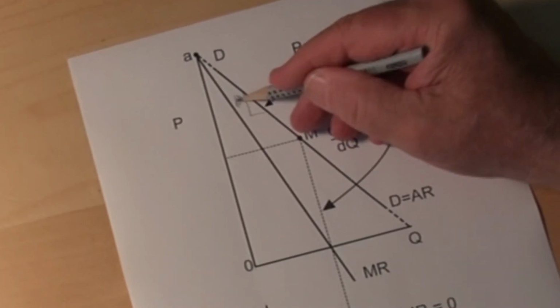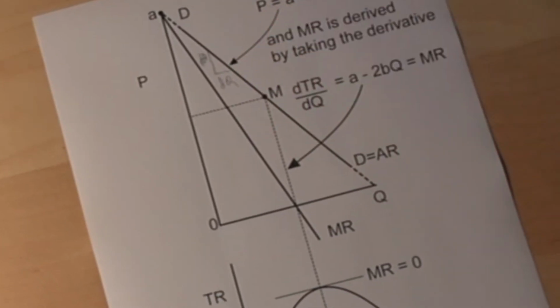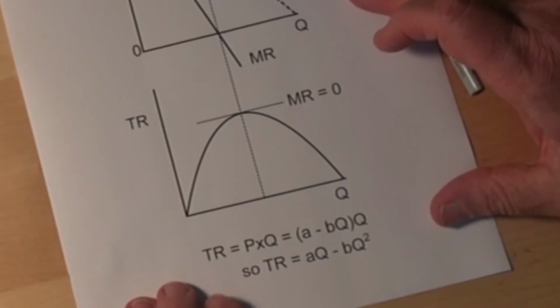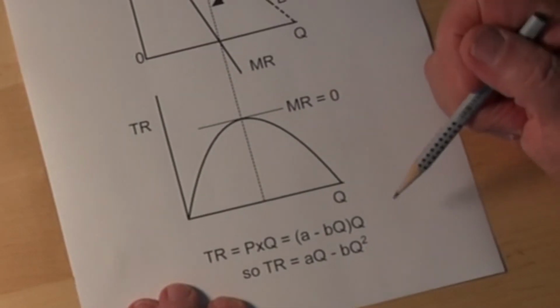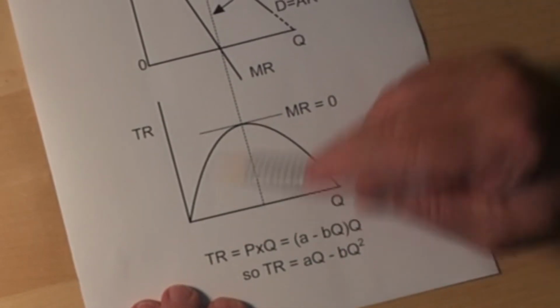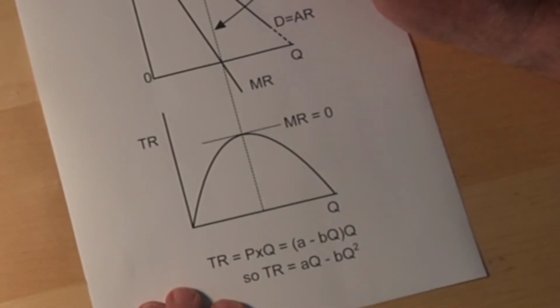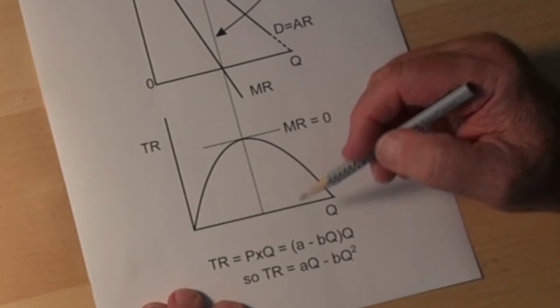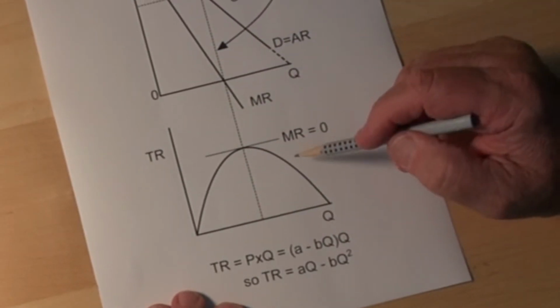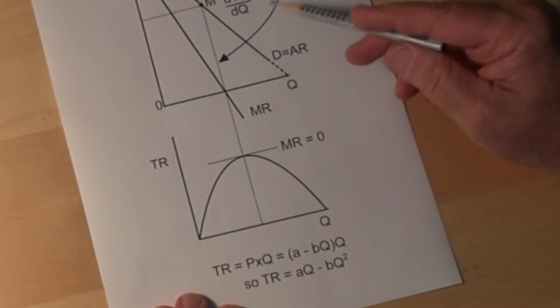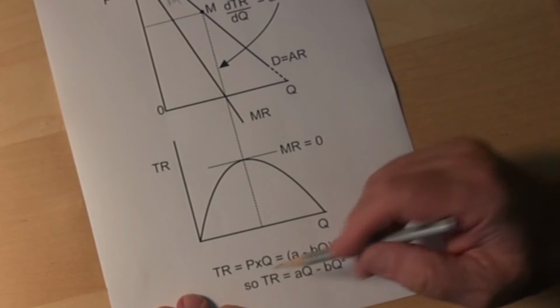That slope there, dP/dQ. All right, now moving down to the bottom graph, this shows you the way in which total revenue changes when you move down the demand curve, and it's a parabola, and you can show that it's a parabola by simply deriving the total revenue curve.